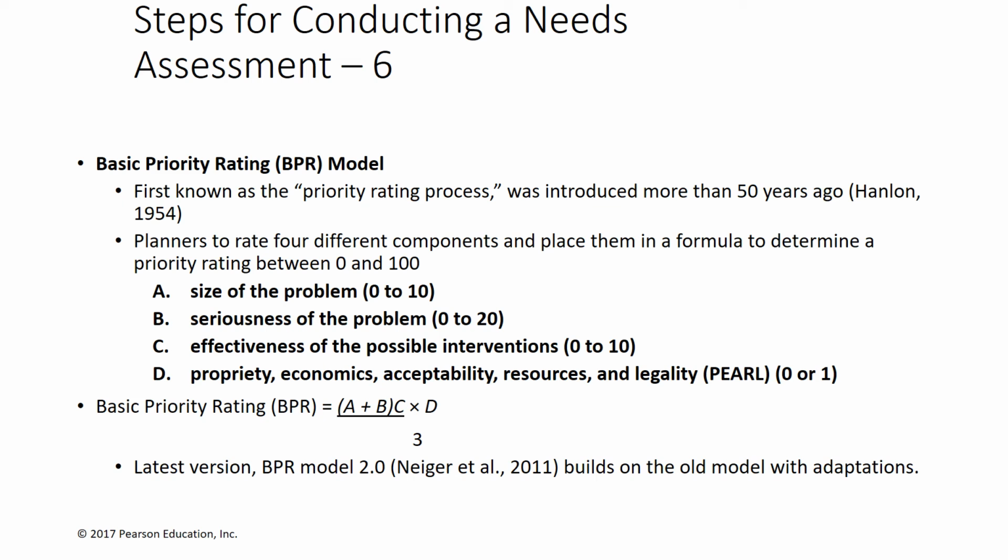So size of the problem. Basically, here we're looking at to what extent this problem is distributed in the population, probably looking at incidence or prevalence rate. Oh, and just since I mentioned incidence and prevalence, the difference between incidence and prevalence.